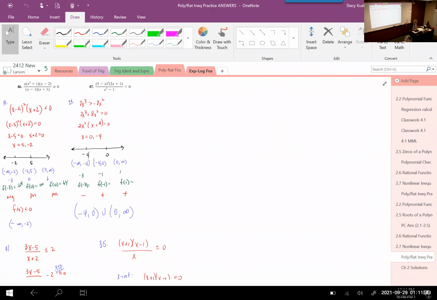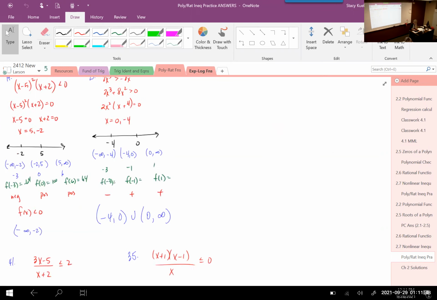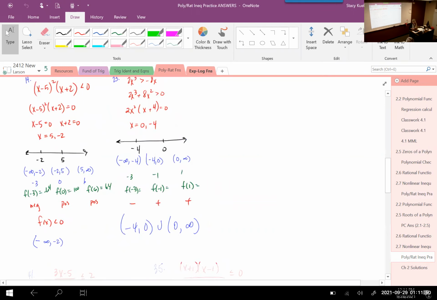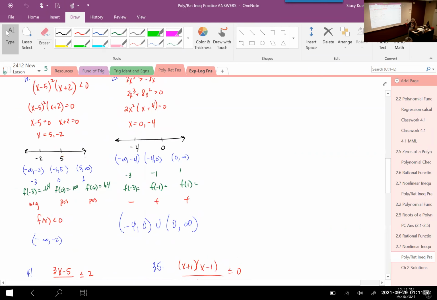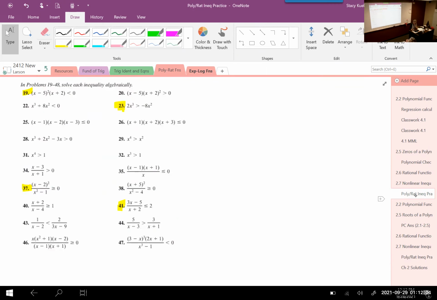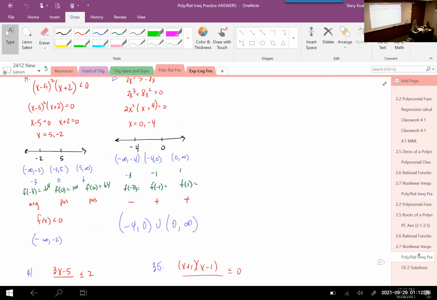So for number 19, I think that's what I asked you to do. 19 and 23, those are the two solutions that I have. Then I asked you to do 37 and 41.